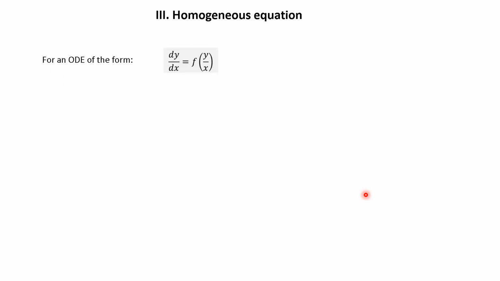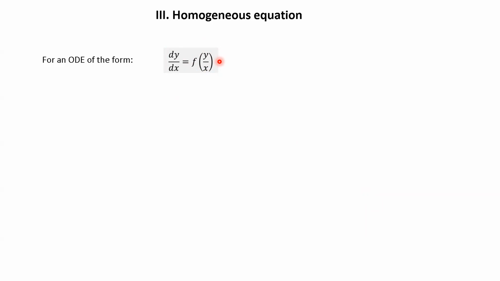Whenever we see an ODE of this form, we call this the homogeneous equation. First of all, why is it called the homogeneous equation? It is because the function on the right-hand side is a so-called homogeneous function.